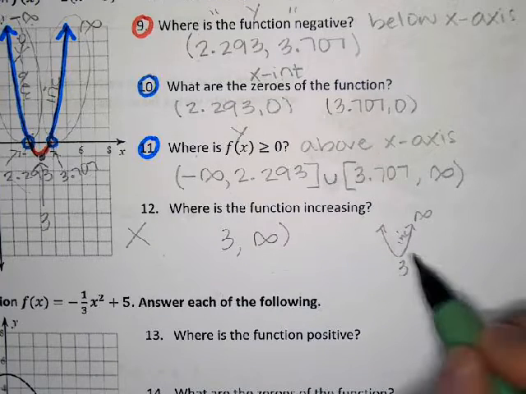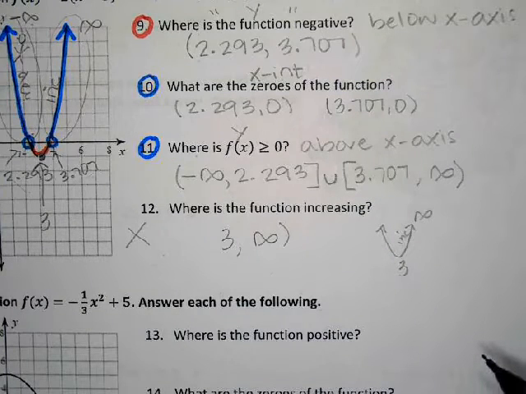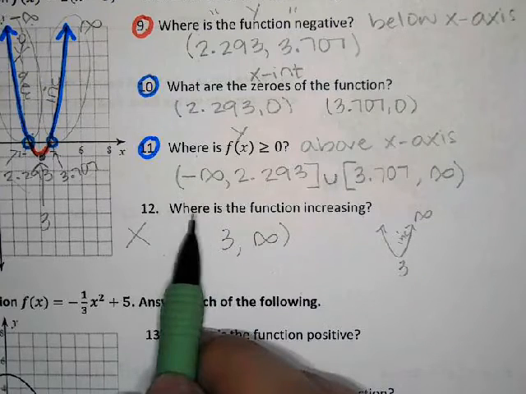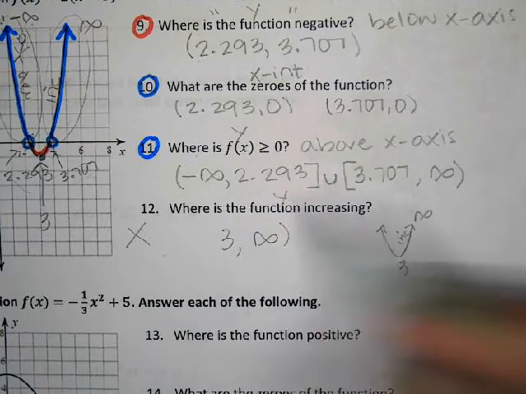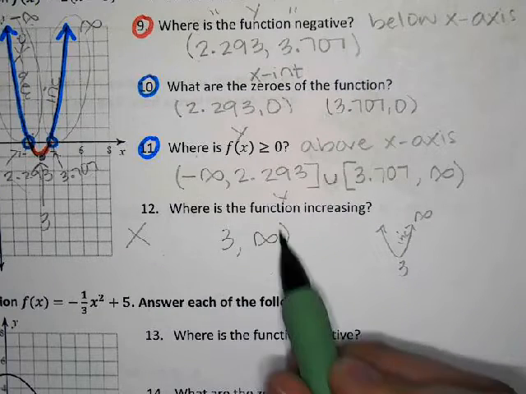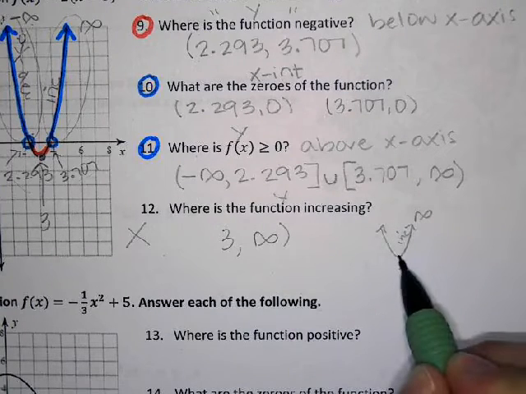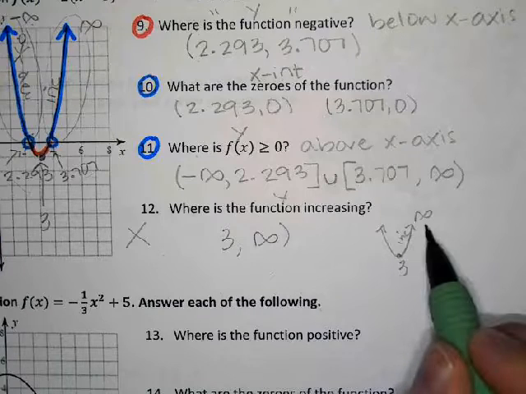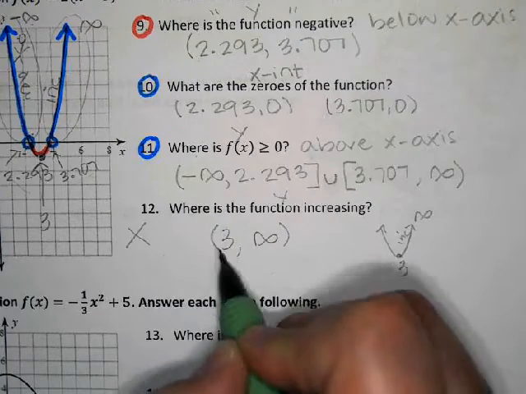So where, what x value, is the y value increasing? Okay. So 3 to infinity, infinity always gets a parenthesis. At the moment in time where he is standing right here, is he actively walking uphill? No. So parenthesis. Okay.